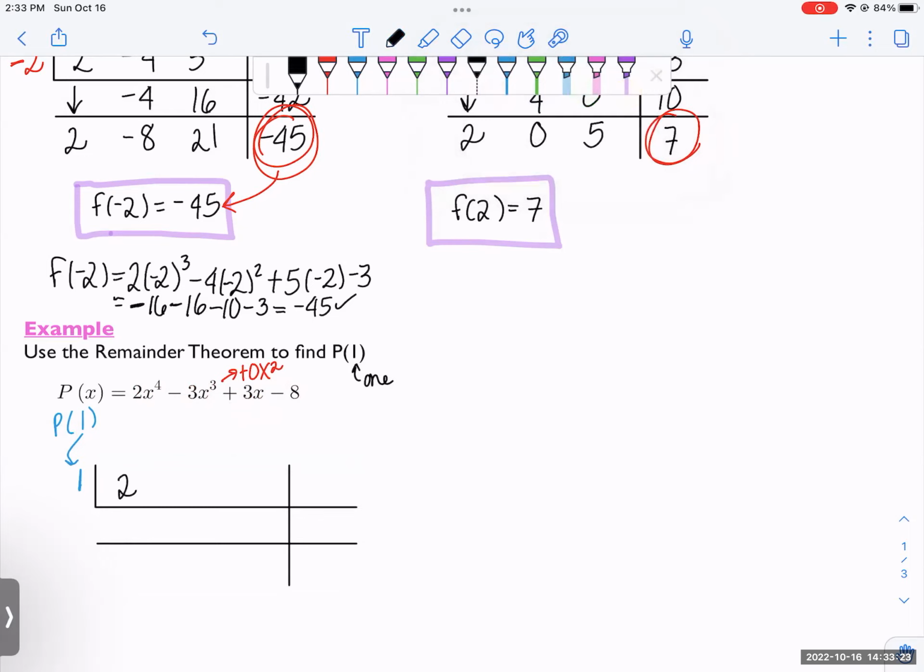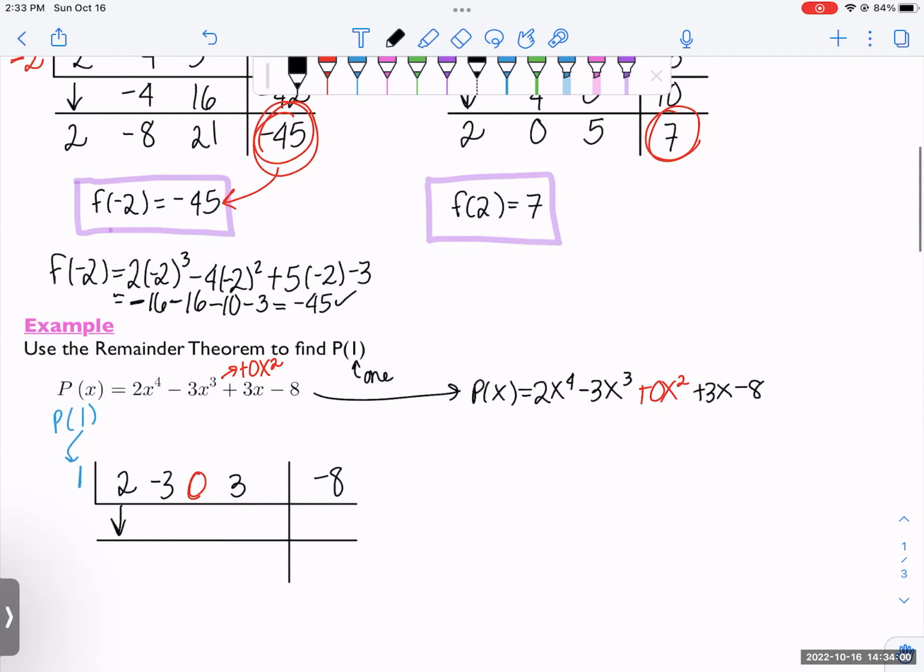So we have 2, negative 3, 0, 3, and that's because this polynomial really should be 2x to the 4th minus 3x cubed plus 0x squared plus 3x minus 8.